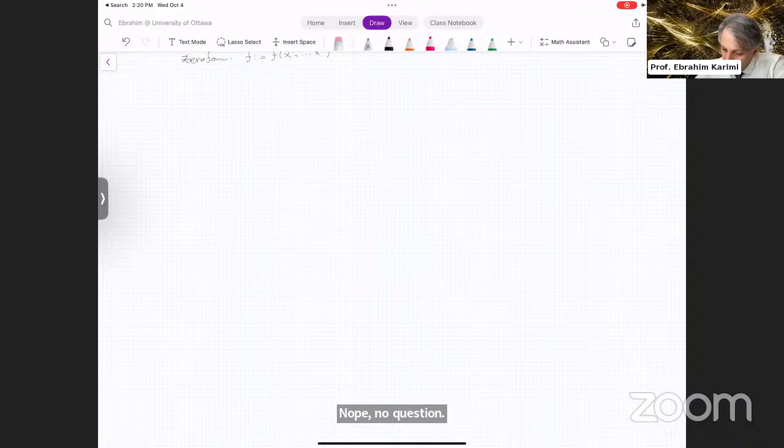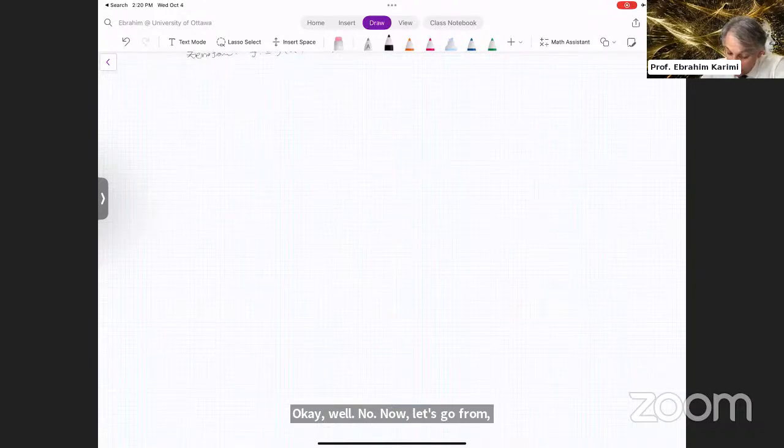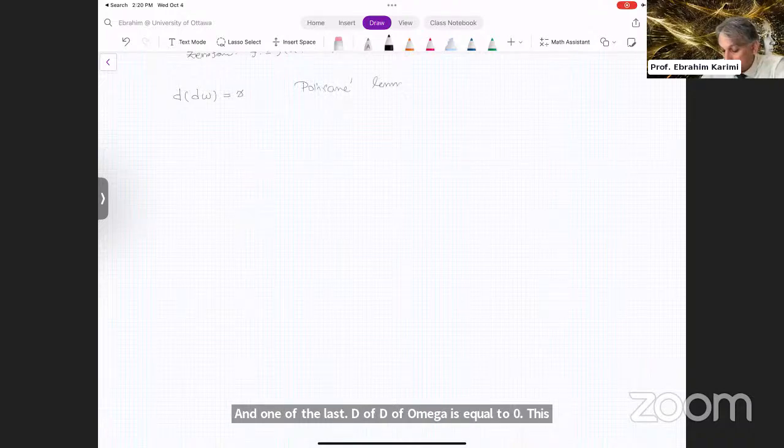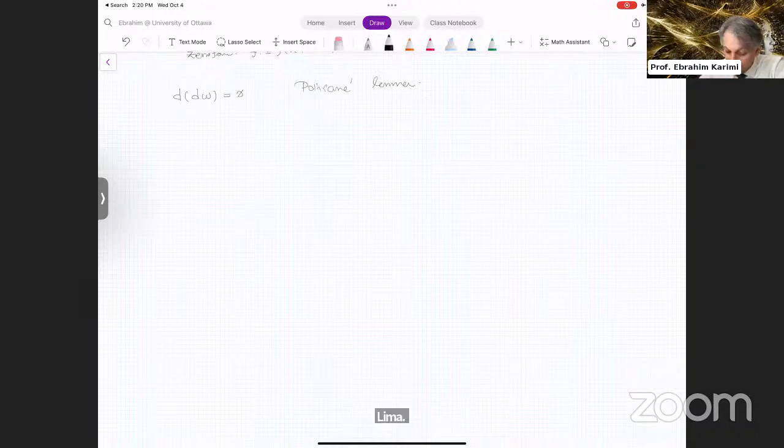Okay. Well, now let's go from the last one. Okay, one of the last. D of d omega is equal to 0. This is what we call the Poincare lemma. What does it tell us about some specific function?